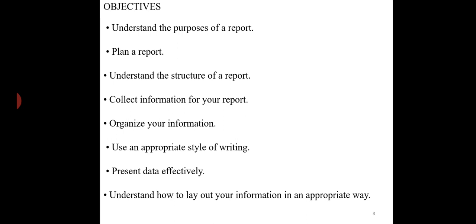And the next one is collect information for your report. Here the researcher should collect the required information to present in the report in a precise manner without making any confusion. Next one is organize your information. The organization is the structure of the research report that forms the base for preparing the report.